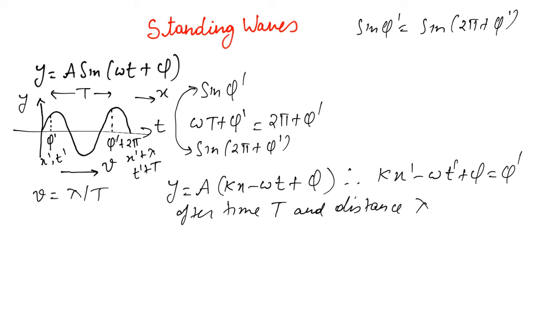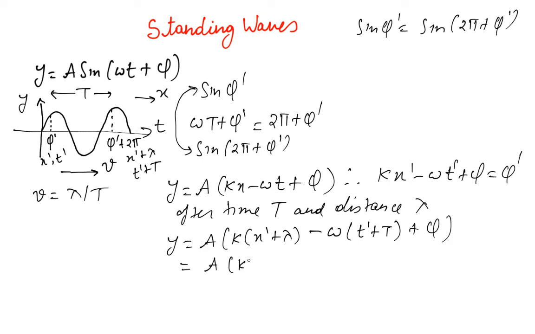Then the condition here can be written as y equals a sine of k times x prime plus lambda, minus omega times t prime plus T, plus phi, and you can see that this is nothing but k x prime plus k lambda minus omega t prime minus omega T plus phi.